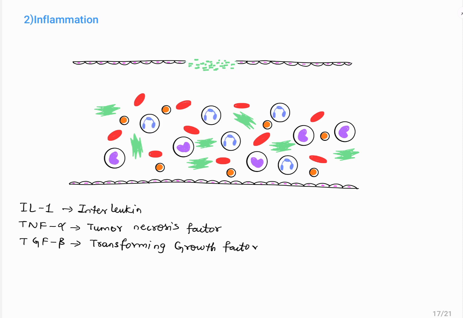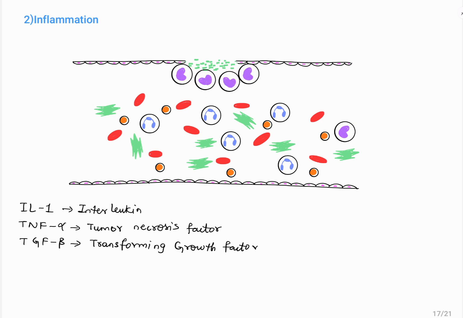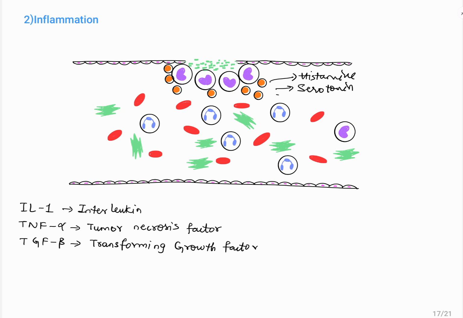After the function of neutrophils, there will be aggregation of macrophages, which are the cells of second line defense. These macrophages are responsible for removal of the debris which is formed as a remnant of phagocytosis. During this process, the lymphocytes also get aggregated and release some inflammatory mediators. The inflammatory mediators released by these lymphocytes are like histamine, serotonin, as well as prostaglandins.